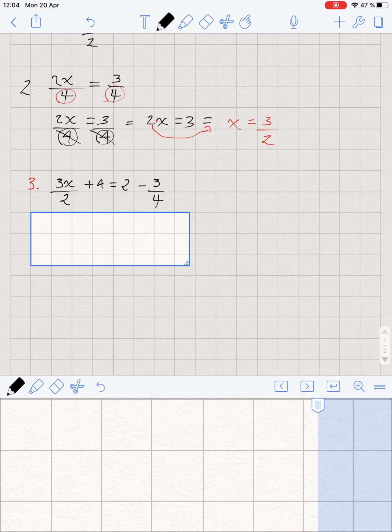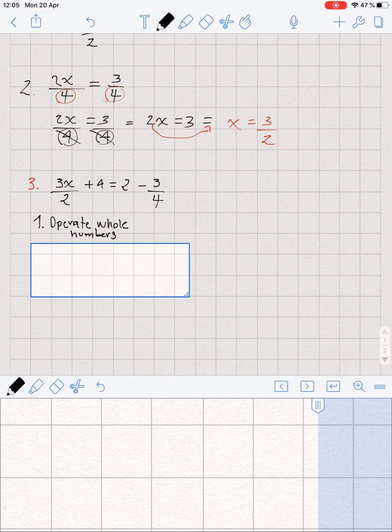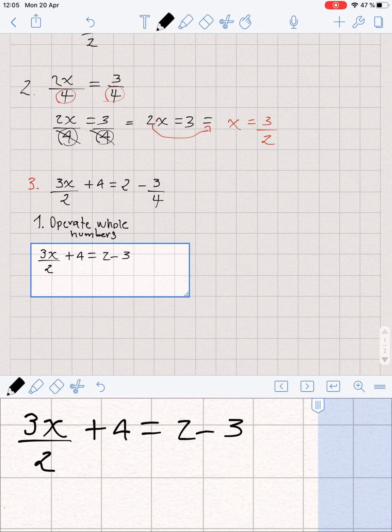In this one, first we're going to operate the whole numbers. That means I'm going to pass the whole numbers to one side. Writing again the expression, we have this plus 4 equal to minus 3/4.